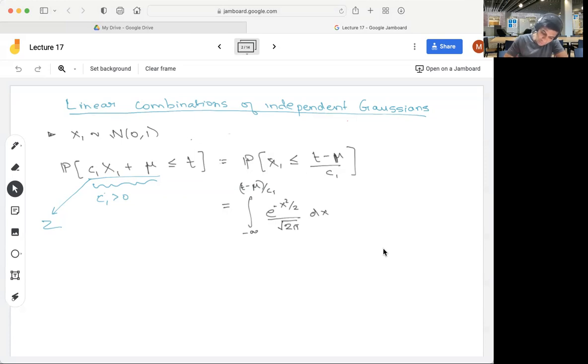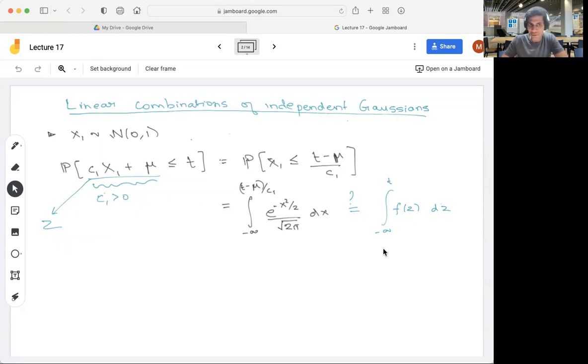Okay. So we want to write it as an integral of some function from minus infinity to t. And whatever that function is will be the density function of our random variable capital Z. That's how we define the density function, really.